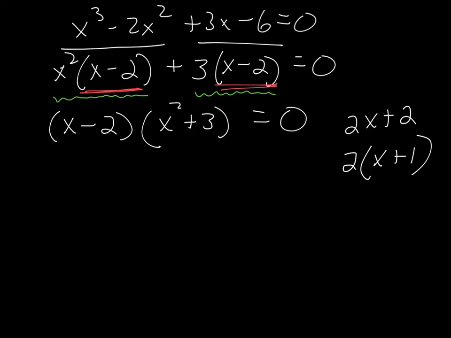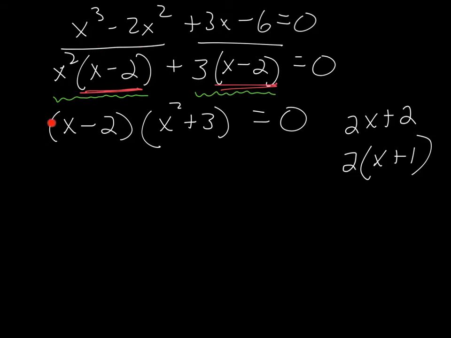This is where it gets a little weird. You have to realize I did the same thing here. I have an x minus 2 in both, so I put it out front. And notice how if I take this thing and I distribute it to the x squared, I would have this. I'd have x squared times x minus 2 distributed, right? That times that equals that.